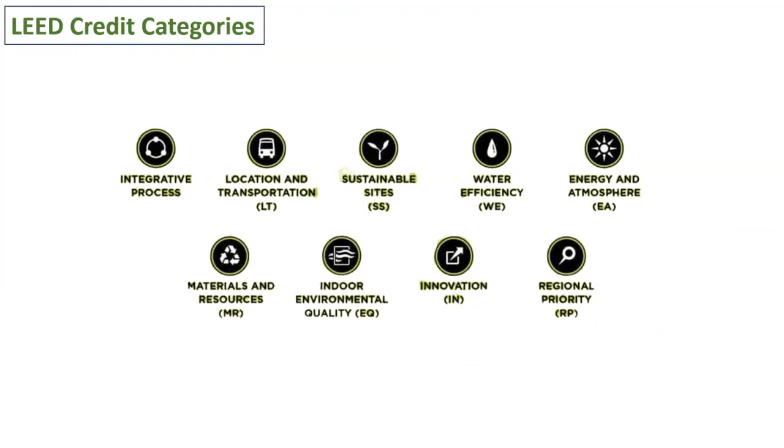So in case of LEED, these are the various categories, and they call each individual category a separate credit. It all starts with the integrative process, then location and transportation credit, sustainable sites SS credit, water efficiency WE credit, energy and atmosphere EA credit, materials and resources MR credit, indoor environmental quality EQ credit, innovation IN credit, and regional priority RP credit.